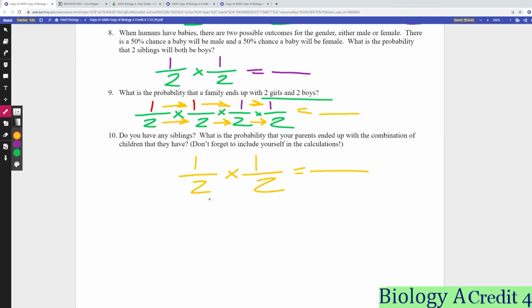Your information here is going to be different than mine, unless you only have 1 other sibling, and then it's going to be very similar. If you have more siblings, it's going to have more information to calculate probability. If you are by yourself, it's just going to have you. The probability of you is 1/2. Nice and easy. But if you have siblings, it's a little more information.